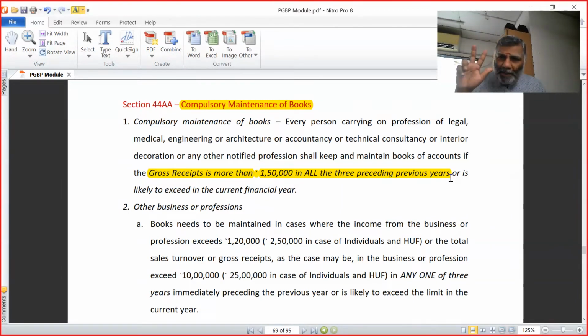If in all these 3 years it has exceeded 150, then irrespective of anything, this year you maintain the books of accounts. Three consecutive years. Suppose this is the first year, then if you estimate it to exceed 150, then compute it.